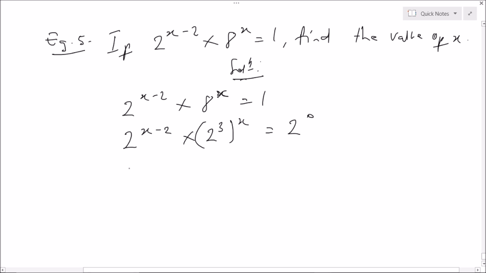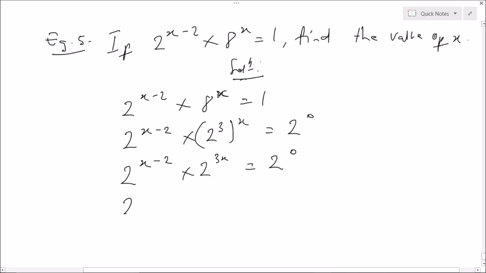So we write this one as 2 raised to the power s minus 2 times 2 raised to the power 3s. Here 3 will multiply s, so we have 3s, and it's equal to 2 raised to the power 0. Now for the left hand side, using our laws of indices, the product rule of indices, we will add the exponents, because we are multiplying here.